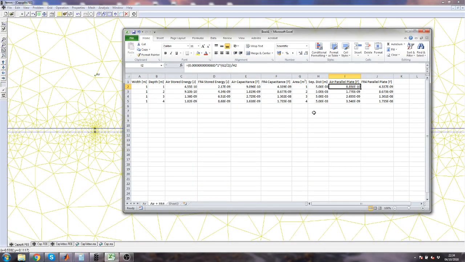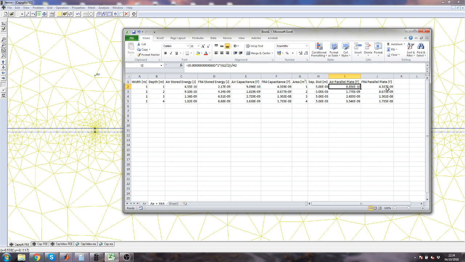And having done all that, we can see there's very reasonable agreement between the air capacitance and the air parallel plate formulation, and the FR4 capacitance and the FR4 parallel plate formulation.